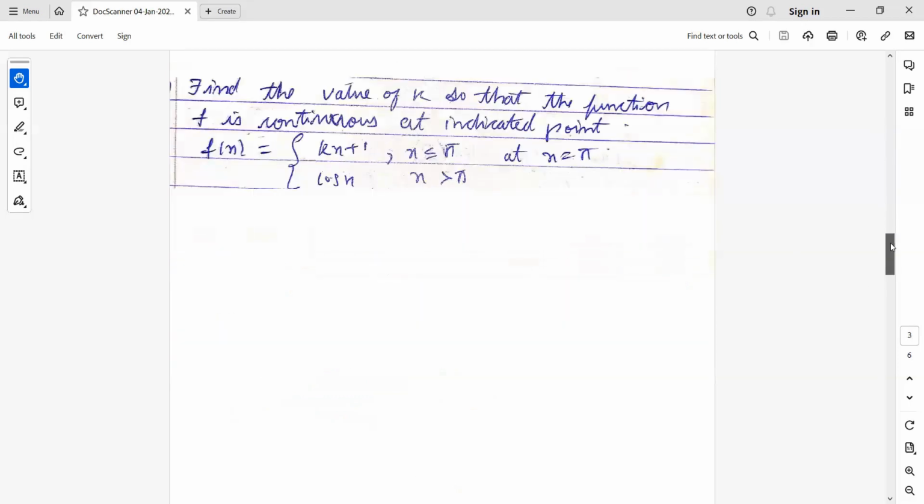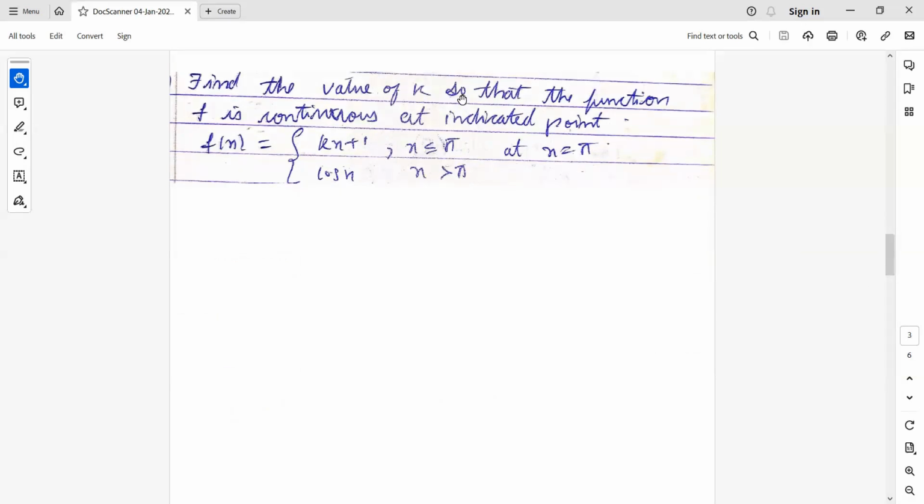Now find the value of k so that the function f is continuous at the indicated point. Here the indicated point is pi, that is x is equal to pi.